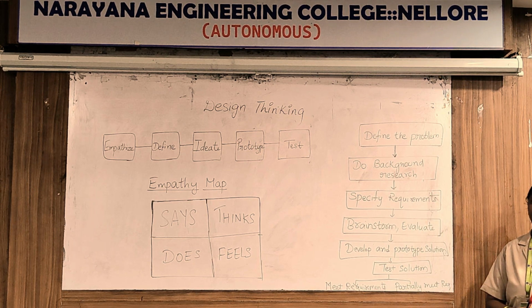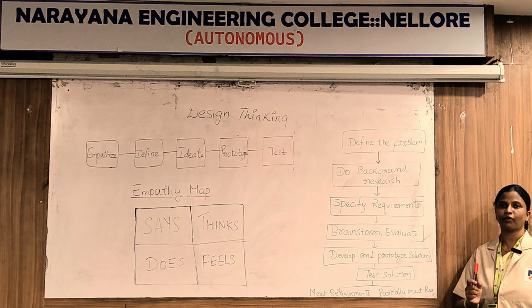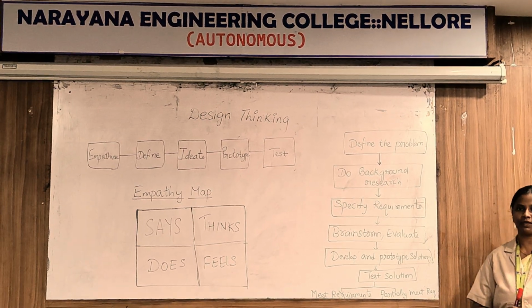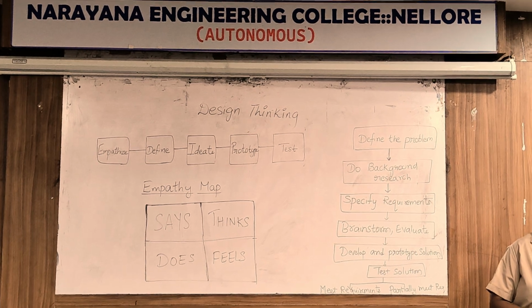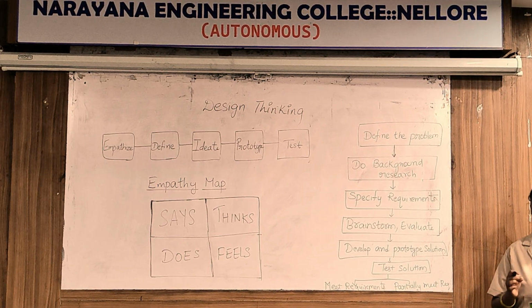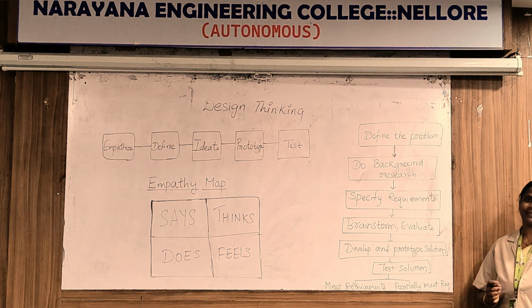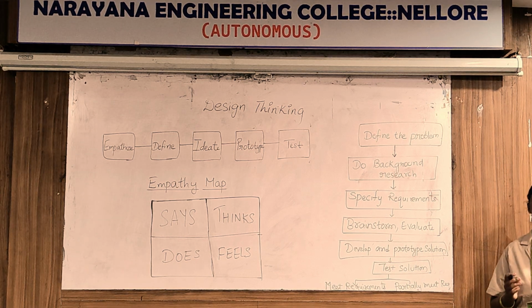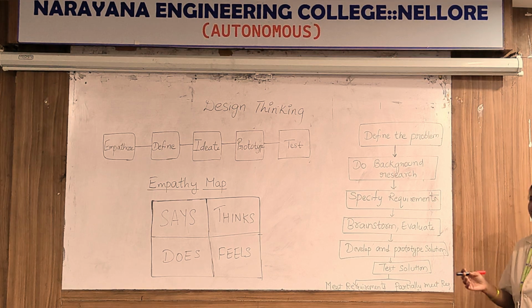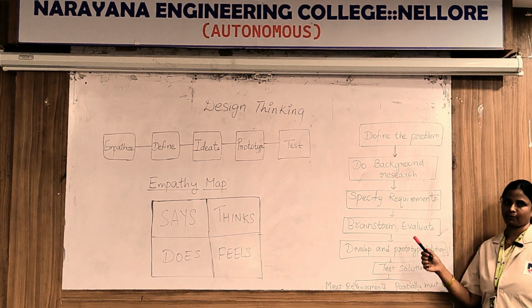Finally, brainstorm. Brainstorm is a word which may be new to you. What is brainstorming, which we hear nowadays? It's nothing but deeper thinking, thinking in a divergent way. Critical thinking, cognitive thinking, all these are different words which we hear. So, deeper thinking, you can simply call it brainstorm.